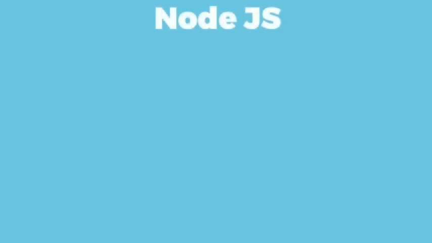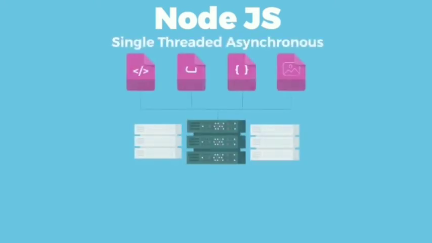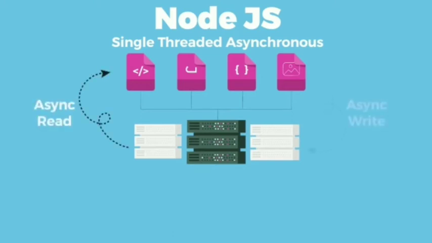In the backend, the second thing we are going to cover is Node.js. Node.js is basically single-threaded and asynchronous. What does it mean? It means that whether you are reading files, writing files, or fetching data from the network, everything is asynchronous. It means it is a non-blocking model.